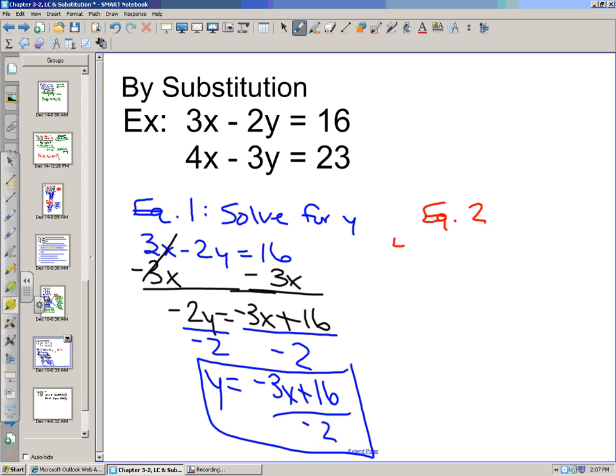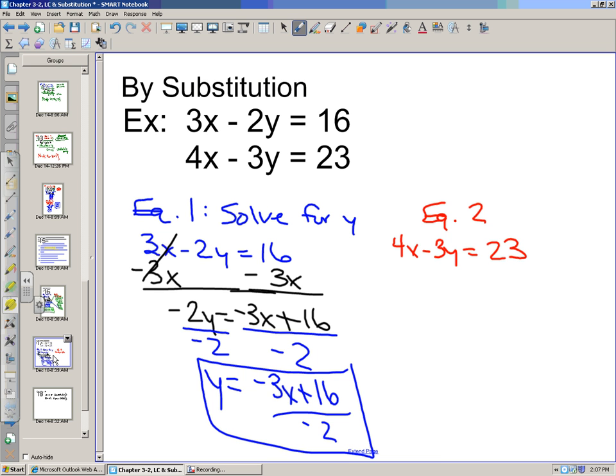Equation 2, which is going to be 4x minus 3y equals 23.